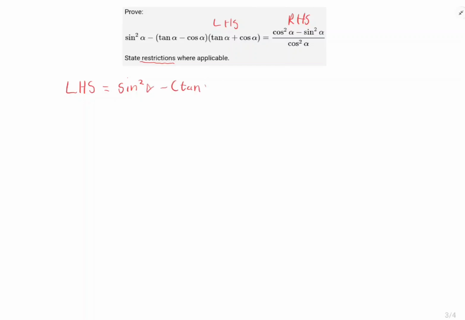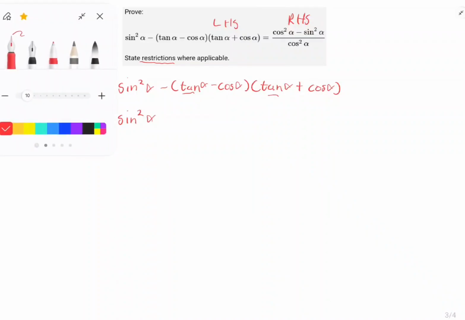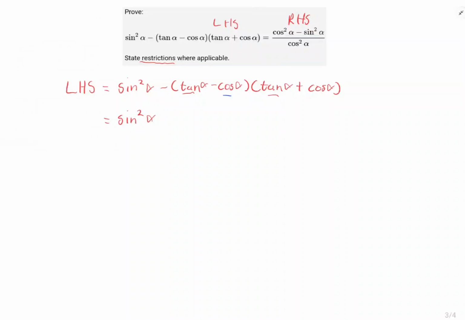(tan angle minus cos angle)(tan angle plus cos angle), which is equal to sine squared angle. When we look at these two brackets, we can see that the terms are the same, but with different signs.